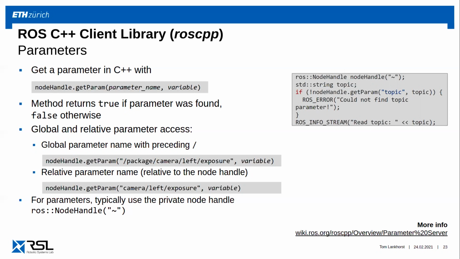Now, if this returns false, we will invoke the ROS_ERROR macro to show an error. In this case, the error will be "could not find topic parameter". If that's not the case and the getParam call was successful, then we will just show the ROS_INFO "read topic" with the topic value.